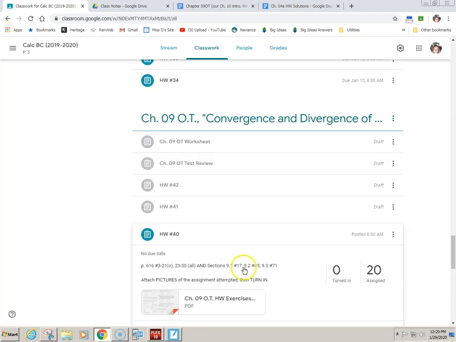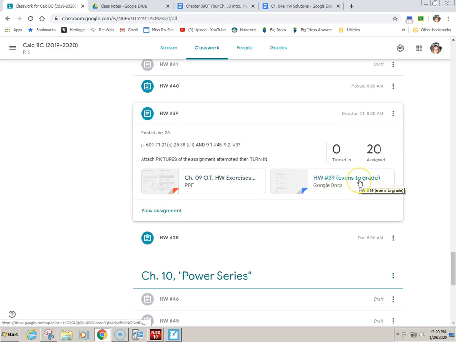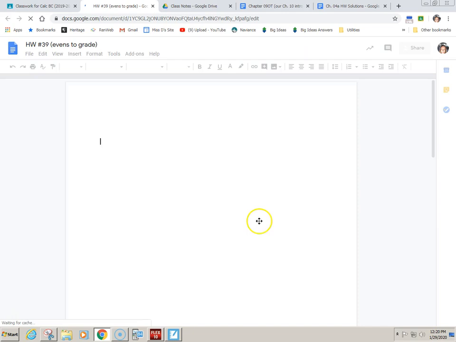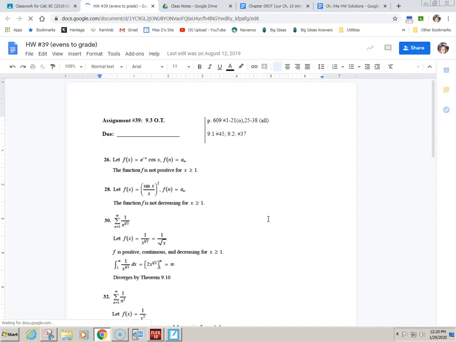For 39 you did, but on 38 it just says attempt. Oh, I gave you all the evens? You have a link to my document, so when there are evens, you're going to be able to see it. I'm letting you see everything to grade for the whole chapter.